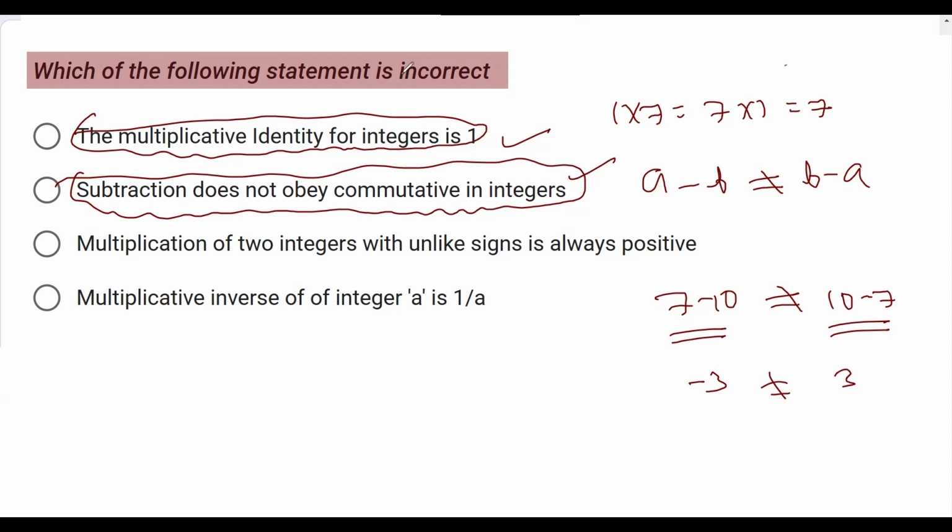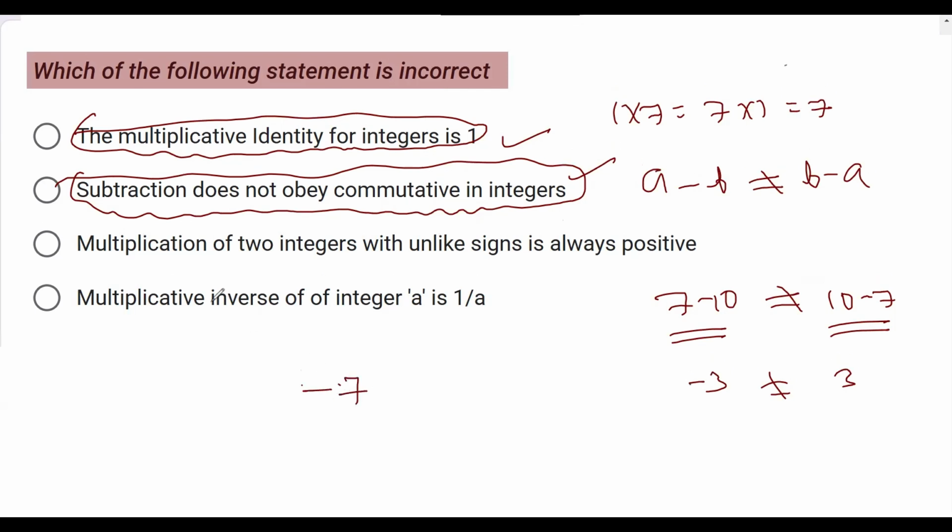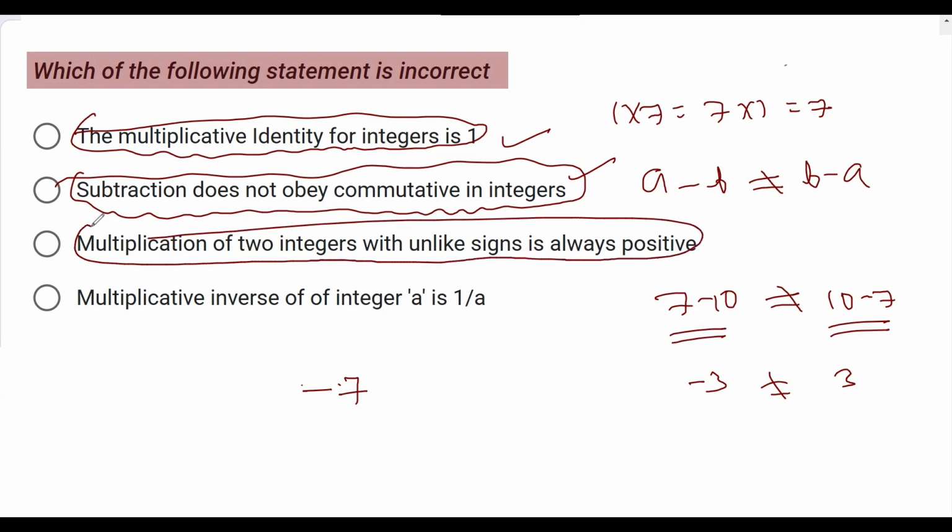Now coming to the next, it says multiplication of two integers with unlike sign is always positive. So what is unlike sign? Let's take an example. I took 7 and negative 7, with unlike sign. If I multiply, say, positive 10 with negative 7, what we are getting here is negative 70.